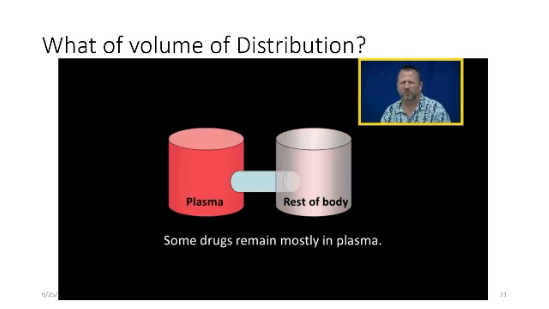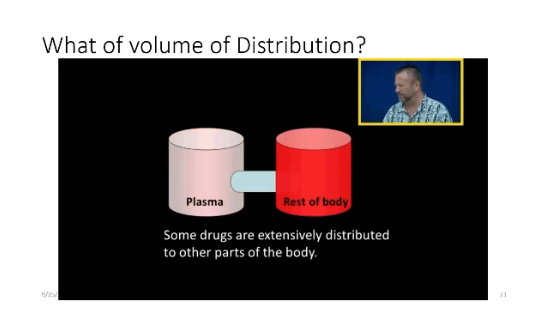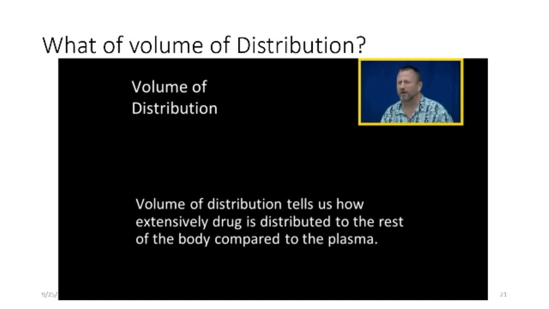Some drugs will remain mostly in the plasma and not be distributed to the rest of the body. But some drugs are extensively distributed to other parts of the body. So again, volume of distribution tells us how extensively drug is distributed to the rest of the body compared to the plasma.